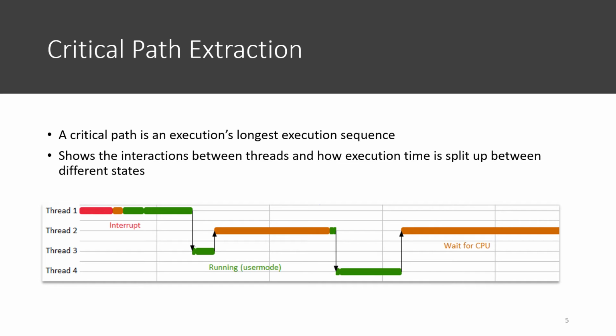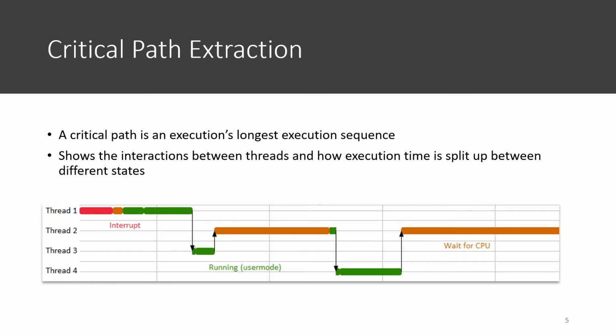And what an execution might be is dependent on the type of software you're monitoring. So it might be a compilation time, it might be a function call, a view rendering, so on and so forth. But once we have each of those executions, we extract each execution's critical path, which is that execution's longest execution sequence.